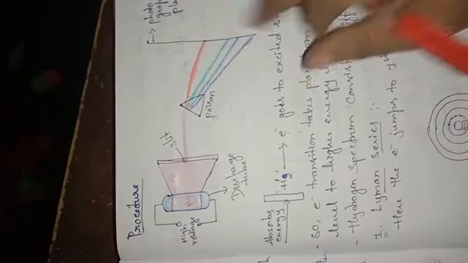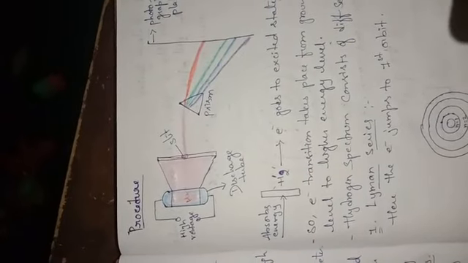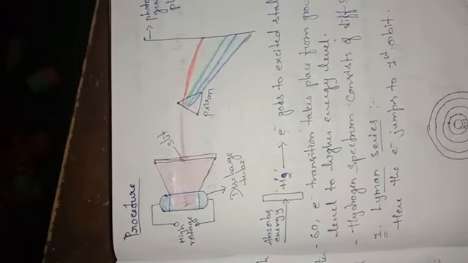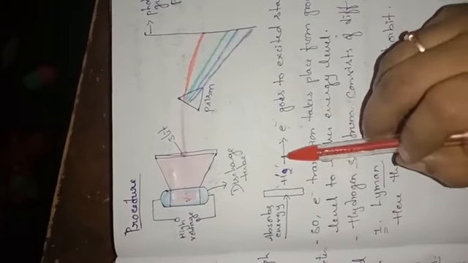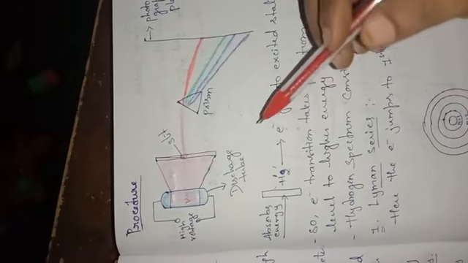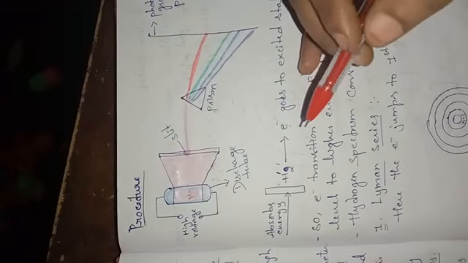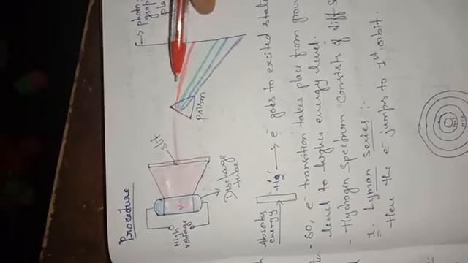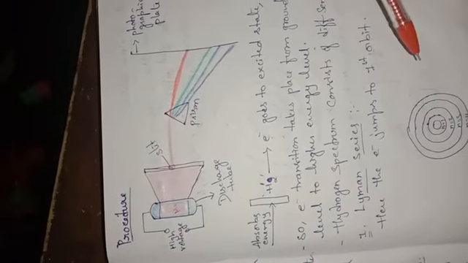When the hydrogen gas is subjected to high voltage, it absorbs some energy. When it absorbs energy, the electrons present in the outermost shell or inner shell get excited. That means they move from a lower energy level to a higher energy level, and then again from the higher energy level to the lower energy level.